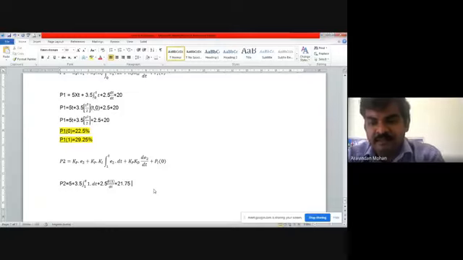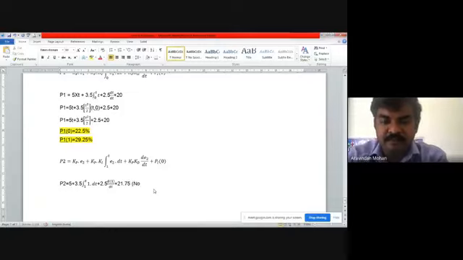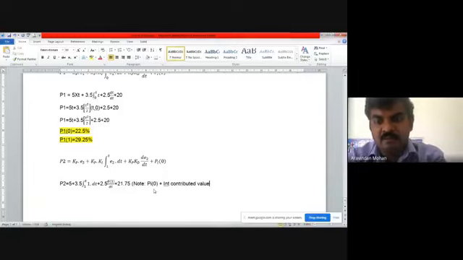How does this particular thing come? It comes as Pi of 0 value plus your integral contributed value in P1.